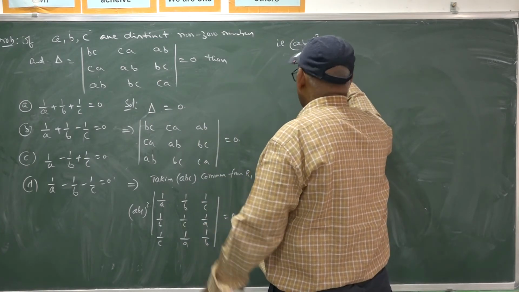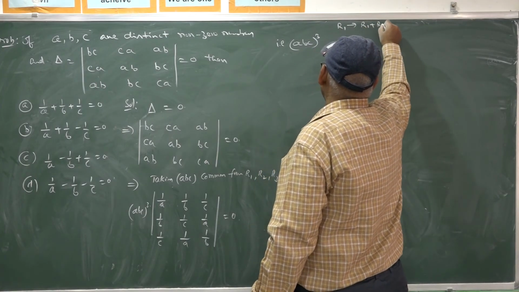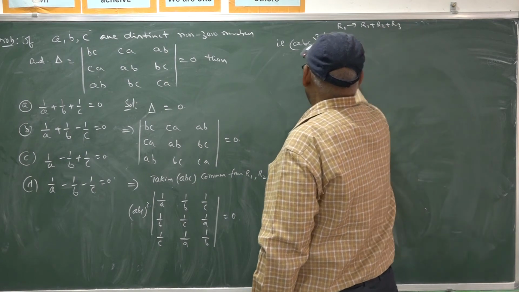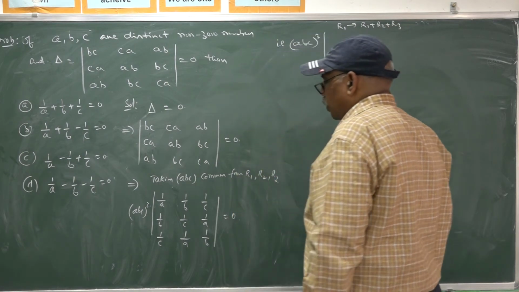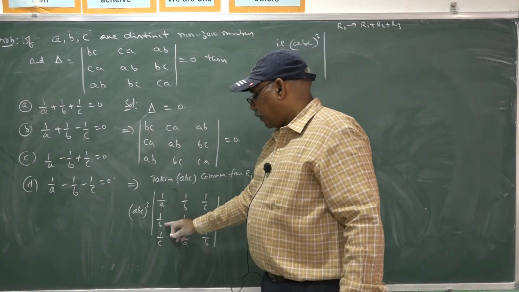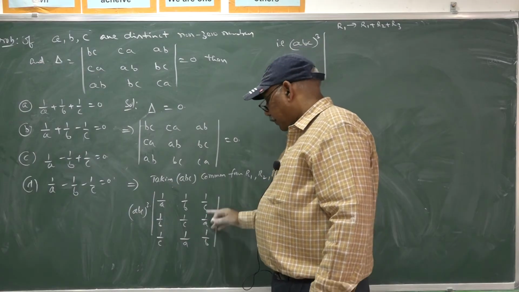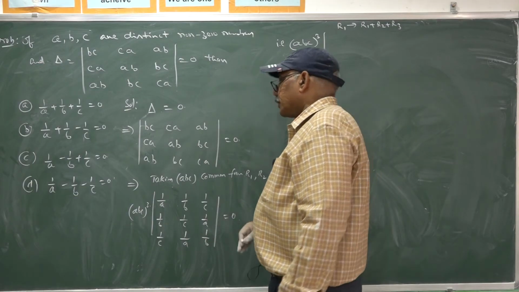Adding column wise, otherwise row wise: R1 goes to R1 plus R2 plus R3. We get ABC whole cube into adding row wise 1 by A plus 1 by B plus 1 by C. Similarly, 1 by A plus 1 by B plus 1 by C, and 1 by A plus 1 by B plus 1 by C.